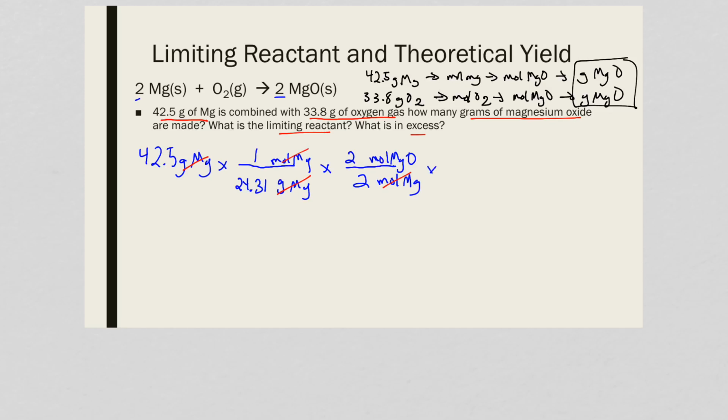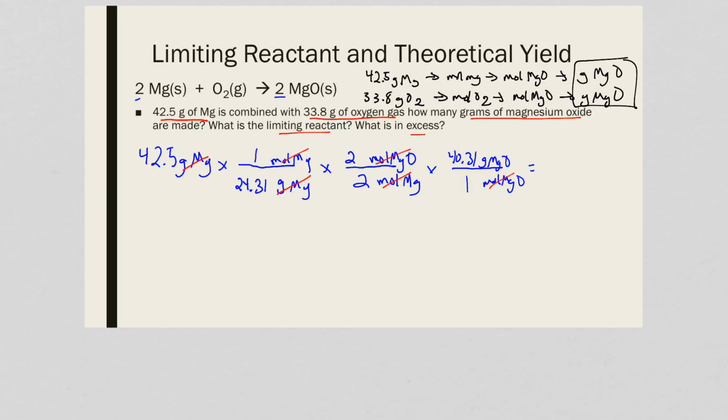So now once I have moles of magnesium oxide, I can convert it into grams using the molar mass of magnesium oxide, which is 40.31 grams of magnesium oxide per 1 mole of magnesium oxide.